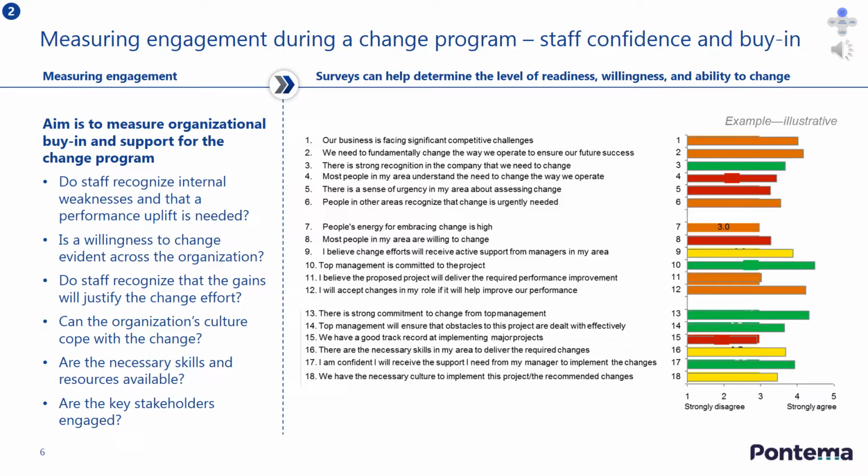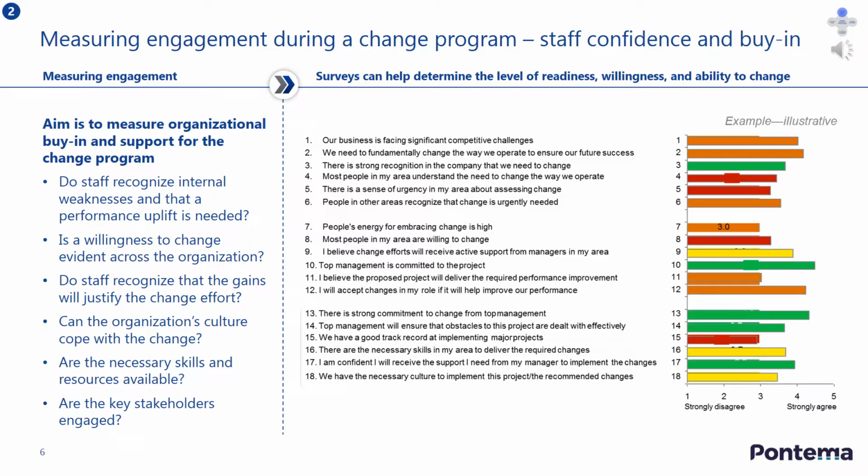The first building block focuses on measuring employee engagement during a change program. Here, employee surveys can help determine the organization's readiness, willingness, and ability to change. Surveys are best used before implementation to assess perceptions of the change leaders and of the organization's ability to implement change.